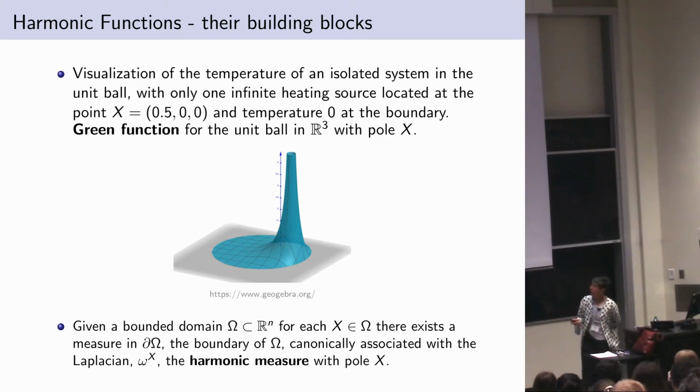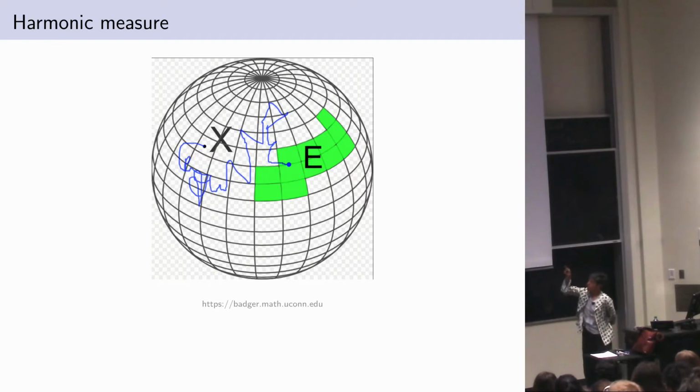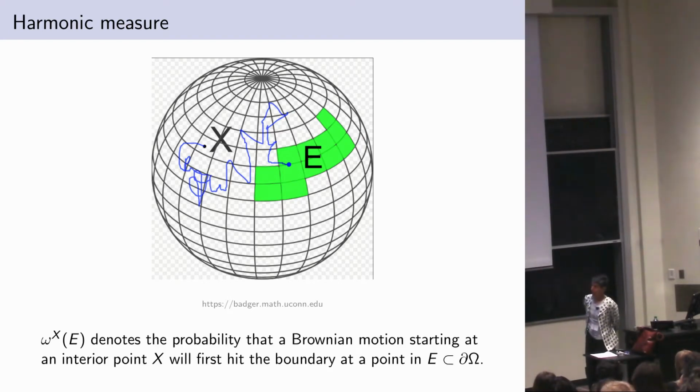What is this? I'm choosing as my domain the sphere. I choose x, a point inside, and the harmonic measure is a measure on the sphere that represents the following thing.